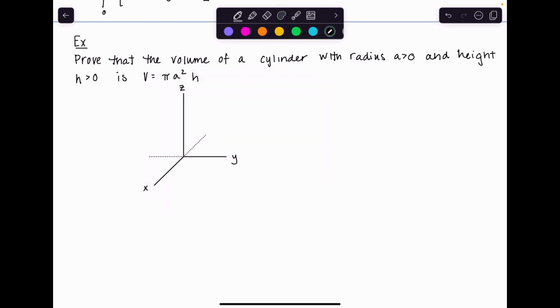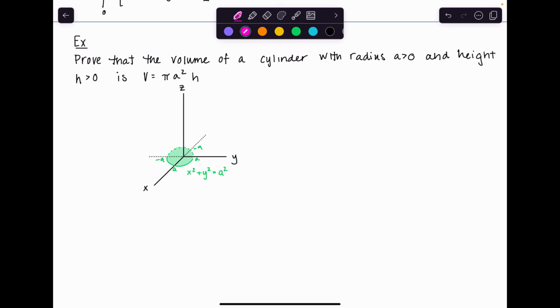So we've got a circle of radius a down here in the xy plane. So this would be given by x squared plus y squared is the radius squared. So this is a, negative a, negative a. This is what's going on in the xy plane.